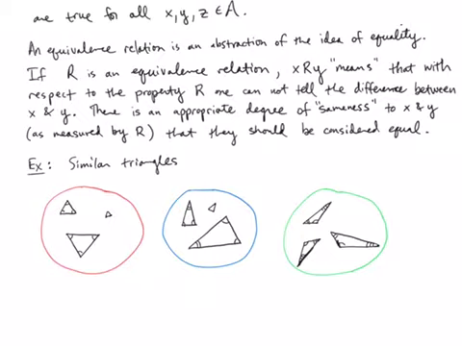So similarity introduces this looser notion of equality between triangles that is still quite useful in practice, as you've no doubt seen in the past.